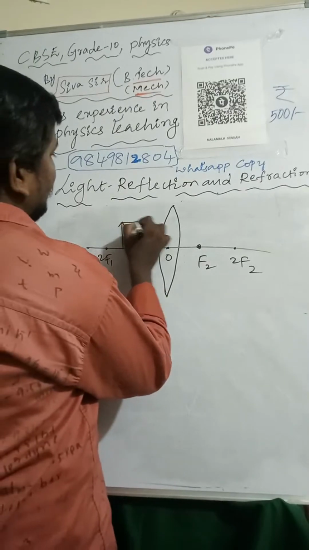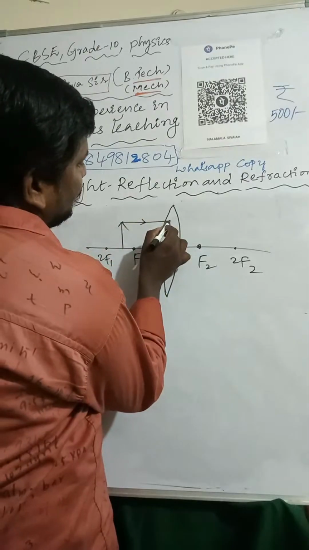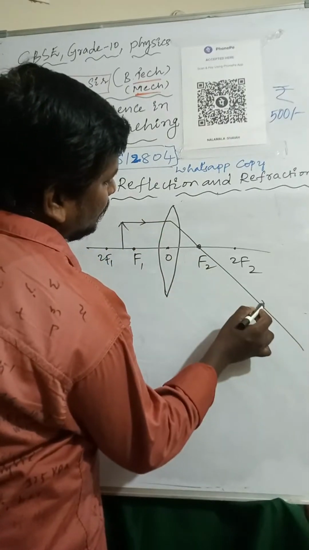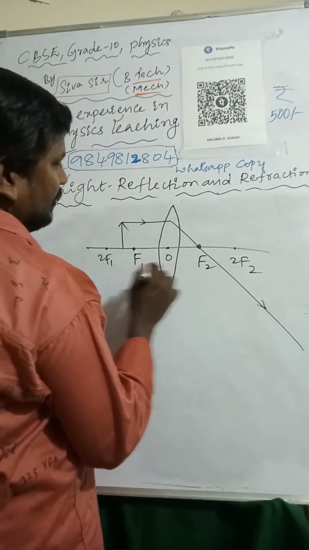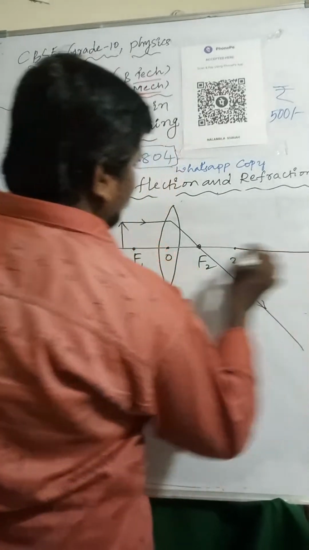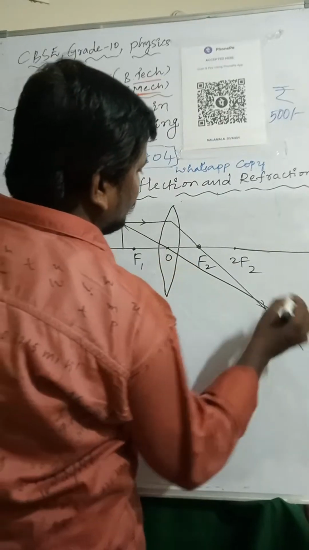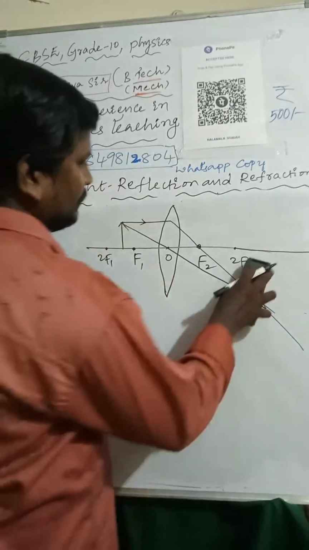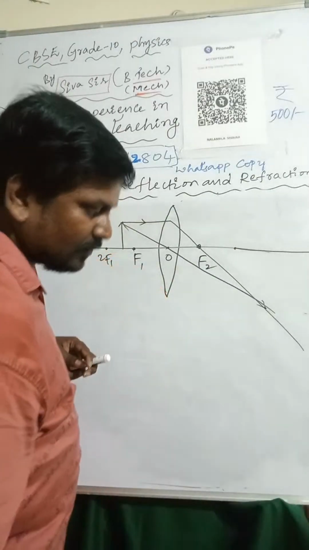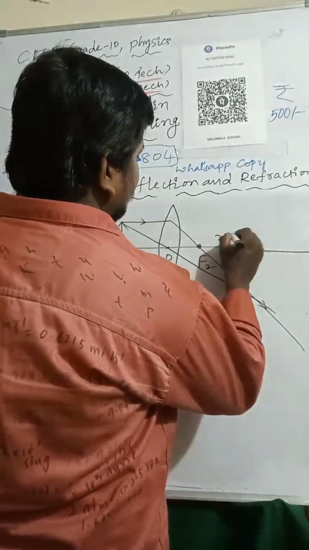One light ray I am taking like this, it passes through focus. Another light ray I am taking, so it will pass and meet beyond. So here is 2f2.